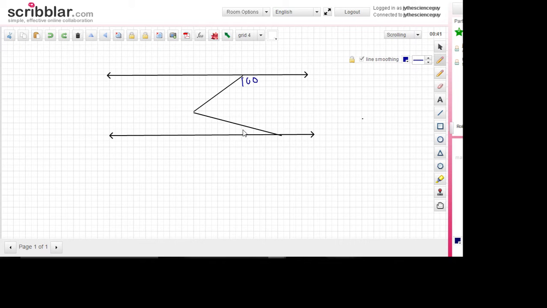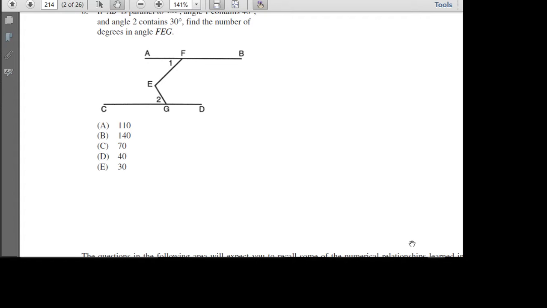And this angle here is 20. And they want to know what this angle here would be. Did I write that right? Hold on one second. I want to make sure I drew that right. I got to draw them on the same side. Hold on one second.